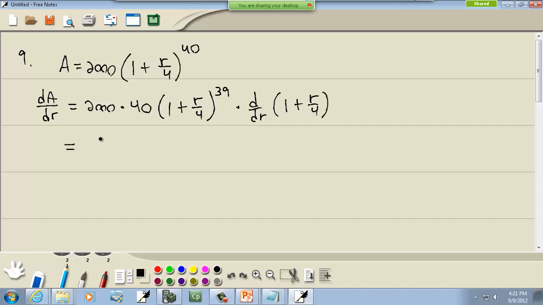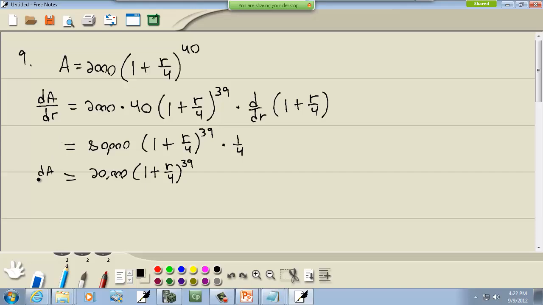Okay, 2,000 times 40 gives us 80,000. (1 plus r over 4) to the 39 times, and derivative of 1 is 0, so that drops away. Derivative of 1/4 r is 1/4. Well, 80,000 divided by 4 gives us 20,000, times (1 plus r over 4) to the 39th power. So that's our derivative. That's our rate of change.